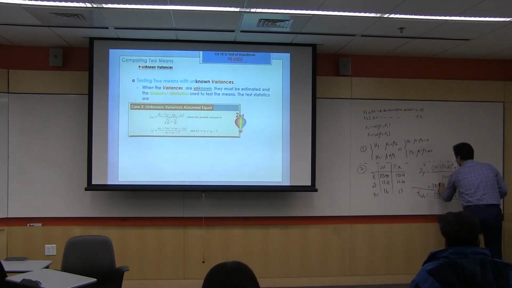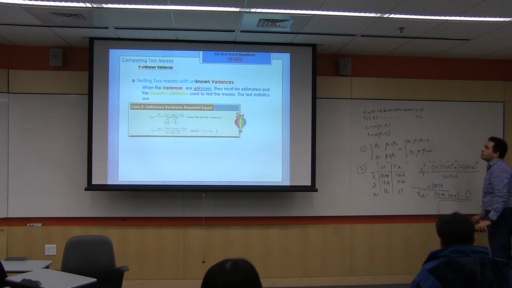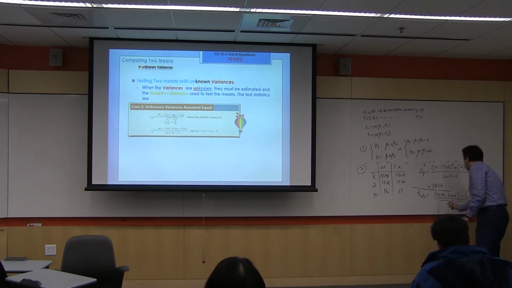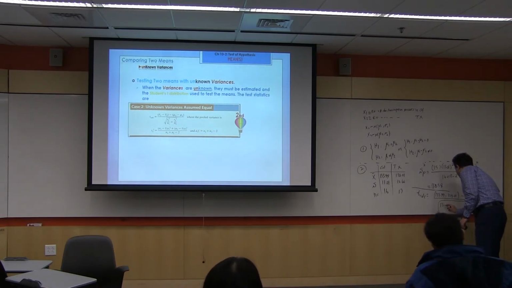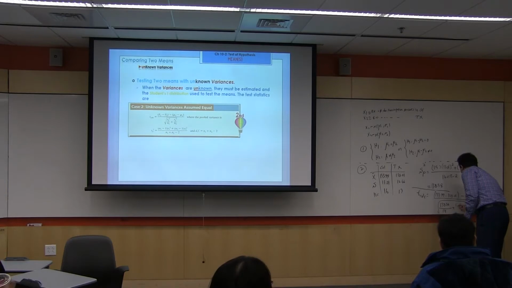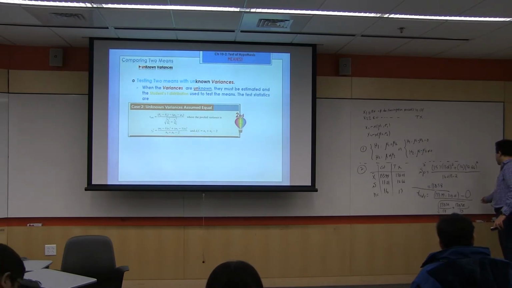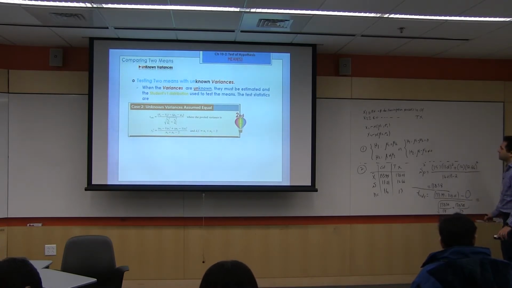Over the square root of 138.58 over n1 plus the same thing, 138.58 over n2. The answer is T calc.